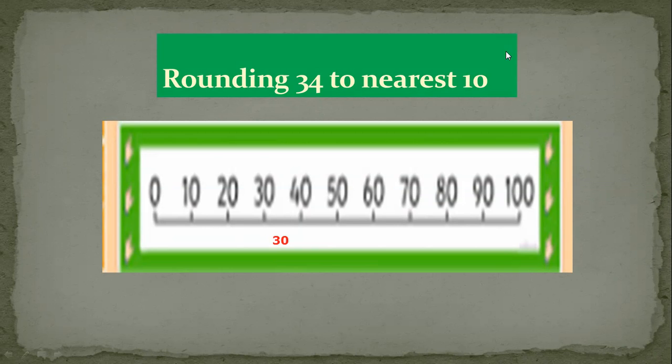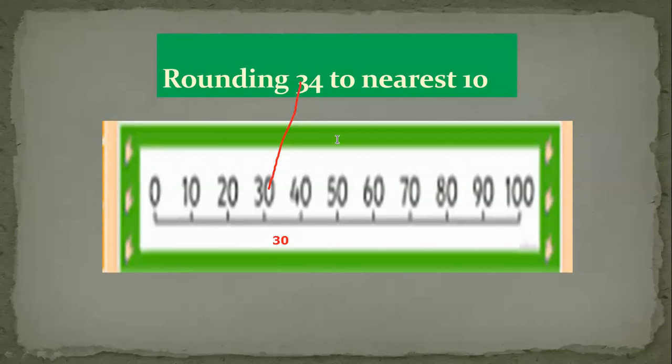If it is less than the midpoint, we take the 10 that is before it. 34 is less than 35, the midpoint between 30 and 40, so we count backward and put it in the 30s.